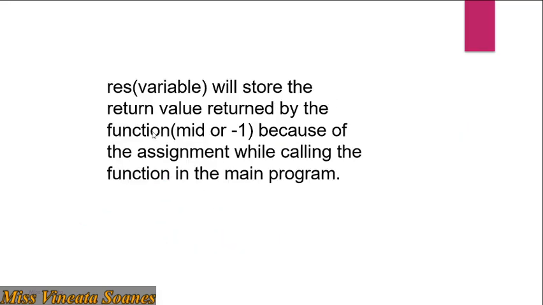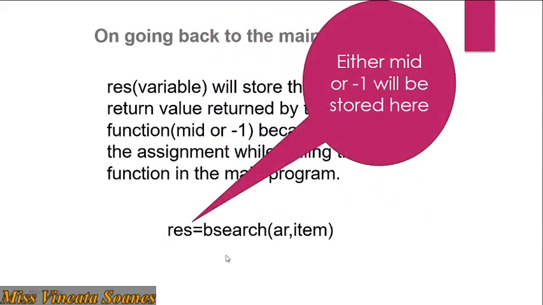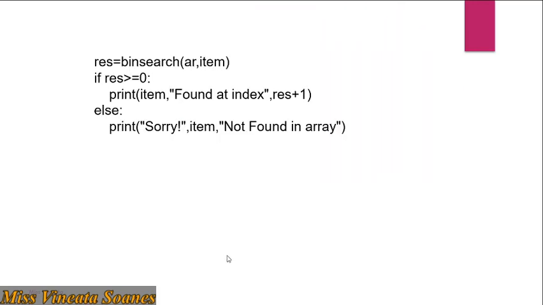Then res will store the value returned by the function, mid or minus 1, because of the assignment while calling the function in the main program. Now, as we go to the main, remember whatever the function returns comes to this line and gets assigned to res. So res will have either mid or minus 1. That's why we need this condition in main: if res is greater than or equal to 0, that means mid has returned something, and the returned index will always be greater than or equal to 0 because the index always starts from 0, right?